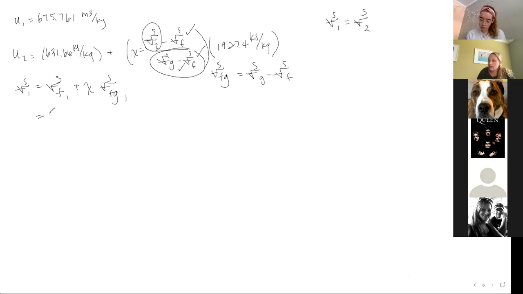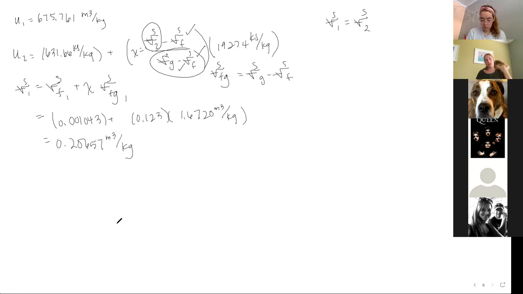Which is 0.001043 plus 0.123 times 1.6720 cubic meter per kilogram, which then gives me 0.20657 cubic meter per kilogram as my specific volume at 0.1, which equals my specific volume at 0.2. And now I can plug into here.